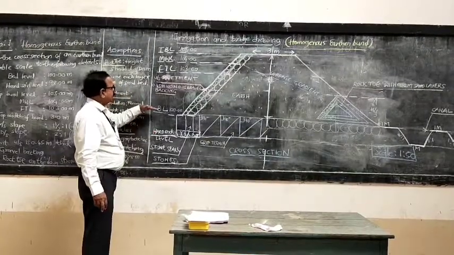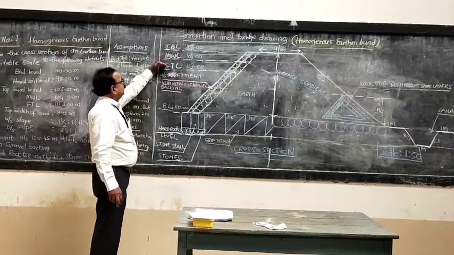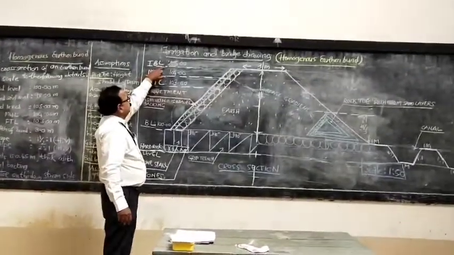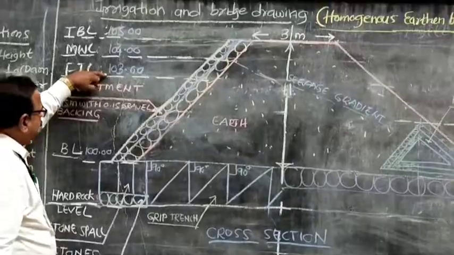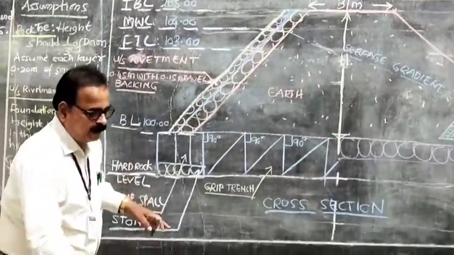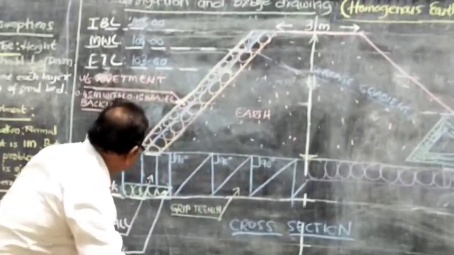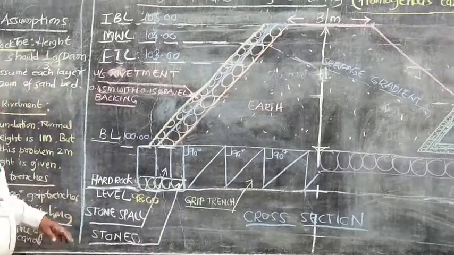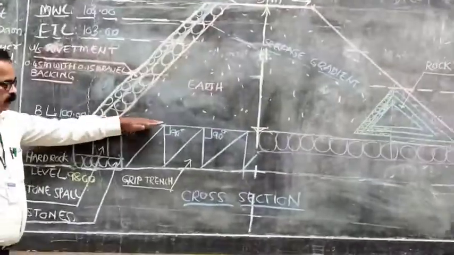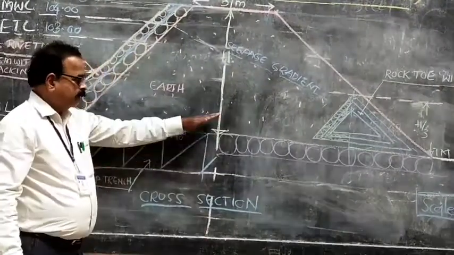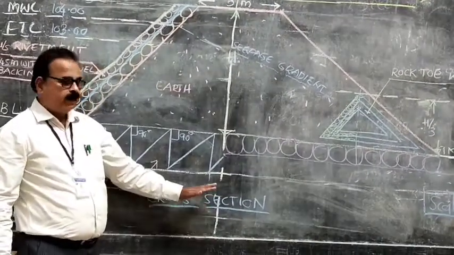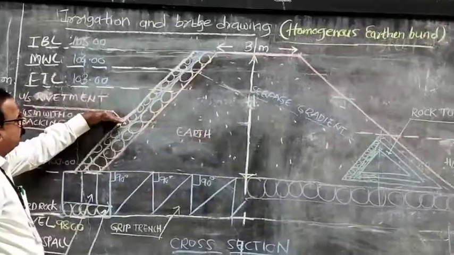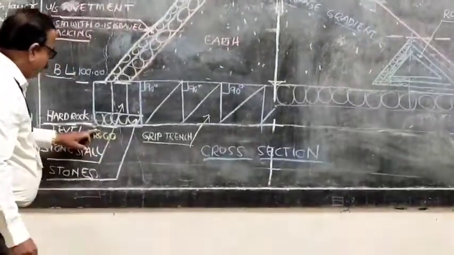Next is how to fix the RLs. Hard rock level, BL, FTL, MWL and top bund levels are there. They are given here as 105, 104, 103, then 100, and then 98. First, suitably take the bed level 100 in the drawing sheet by leaving 5 centimeter in an empirical size drawing sheet, and then take a line, then assume parallel lines for the other levels.